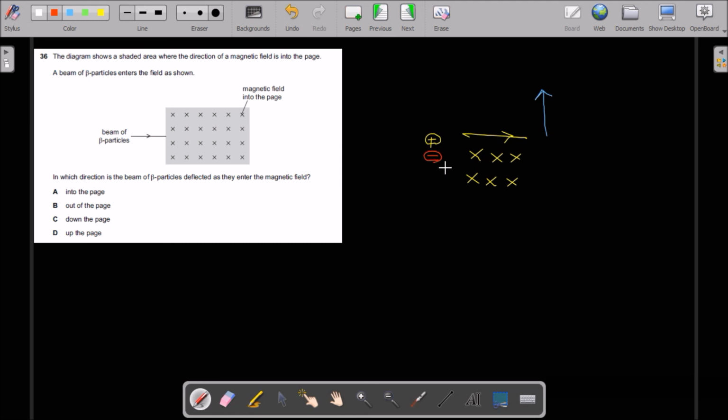So beta particle means electron. So for electron you have to change 180 degrees the direction of force. So this is force for positive charge and this is force for negative charge. So the answer will be down the page. Down the page. So C will be right.